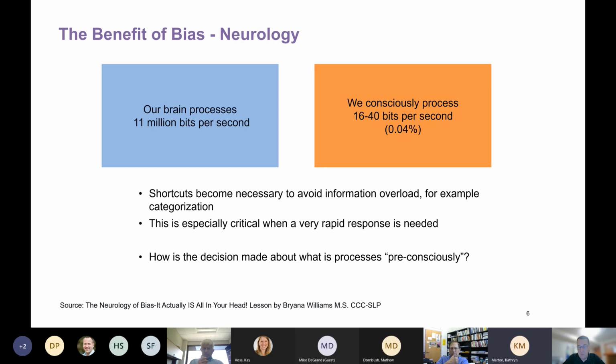And it becomes really critical that our brain can operate autonomously when a very rapid response is needed. So most of the decisions that we make are made pre-consciously, subconsciously, unconsciously.